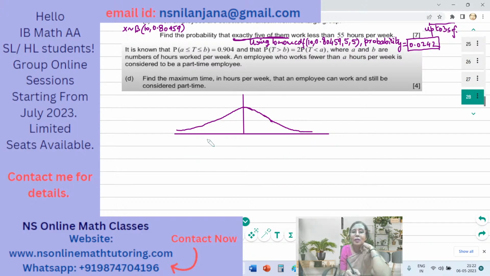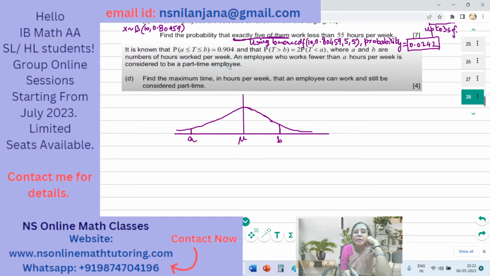Like this, some of this shape. And they are saying between A and B. So between A and B, this may be A and this may be B. This is the mu.